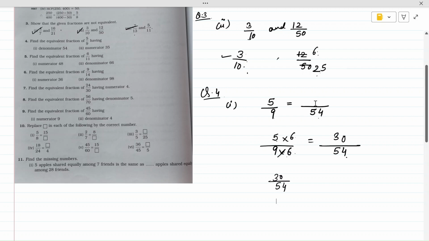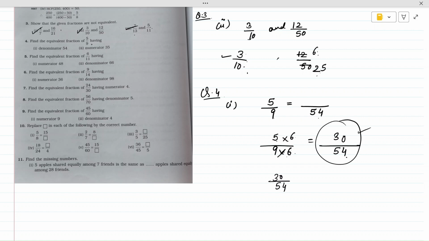We have to find the numerator, and we know that if we multiply 9 with 6, we'll get 54. Since we have multiplied the denominator with the number 6, we have to multiply the numerator also. So on multiplying, we are getting 30 here. So this 30 by 54 is the equivalent fraction, right?